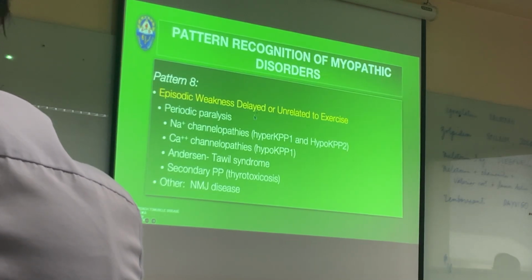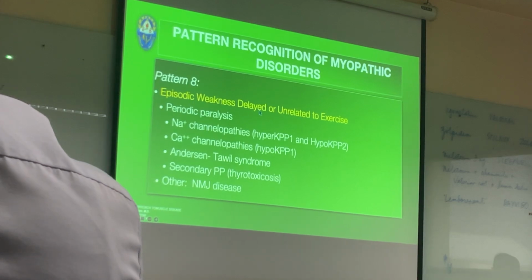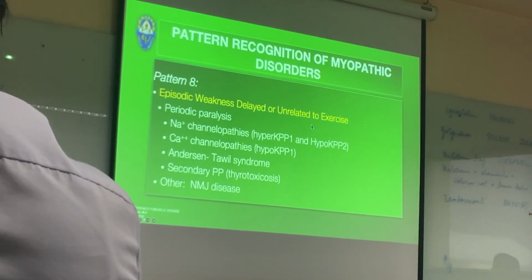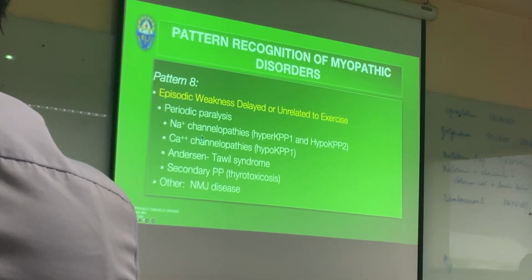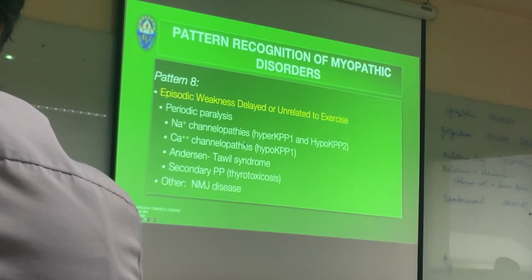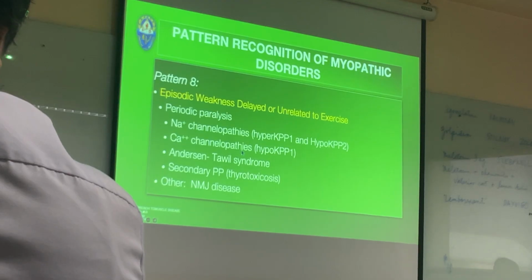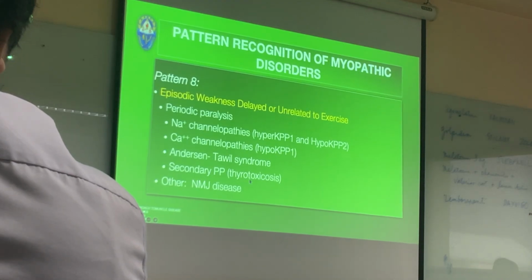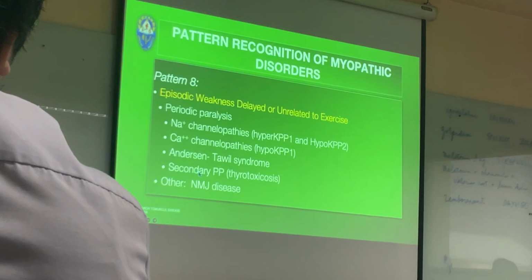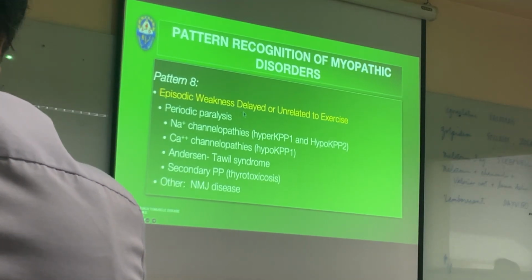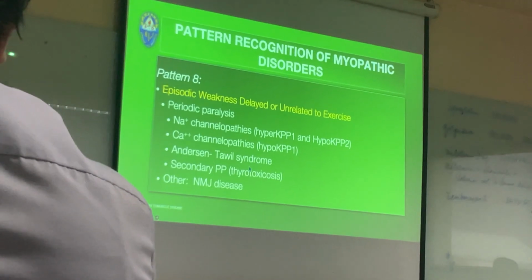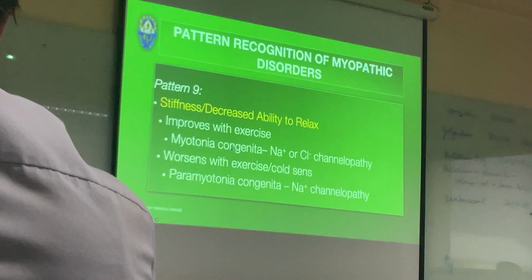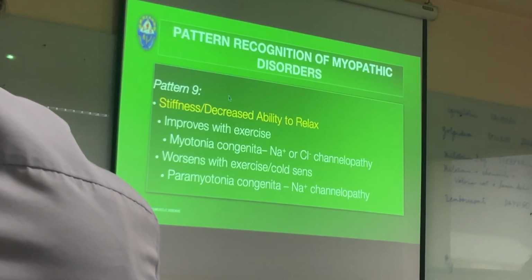Okay. Episodic weakness delayed, or unrelated to exercise. Pattern number 8. Periodic paralysis. So, sodium channelopathies, calcium channelopathies. Secondary periodic paralysis, thyrotoxicosis. Whatever that is. Andersen-Tawil syndrome. What is that? Okay. Number 9.